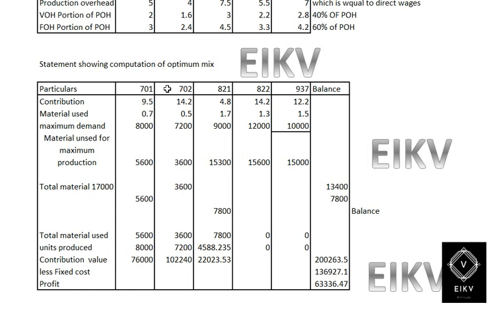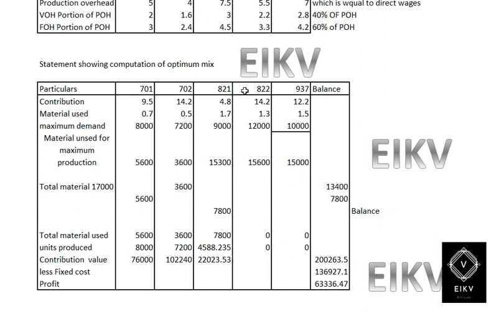Then product 701 is ranked second. For that we have a maximum material demand of 5,600, so 5,600 has to be allotted for 701. The balance amount will be 7,800. Such 7,800 should be allotted to the next rank, which is the third rank.